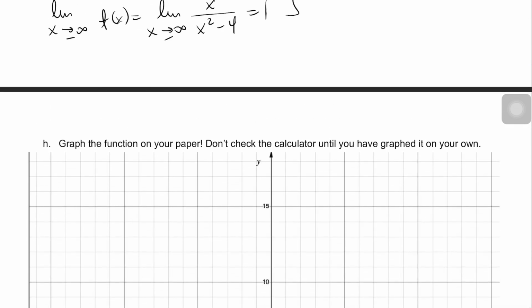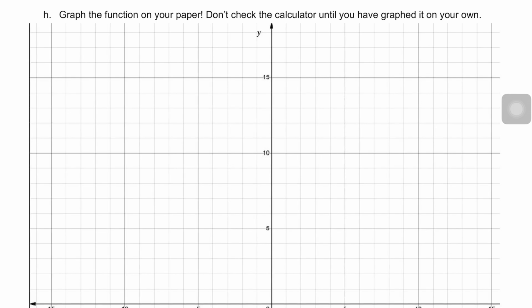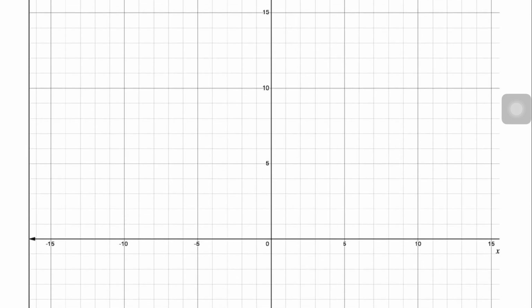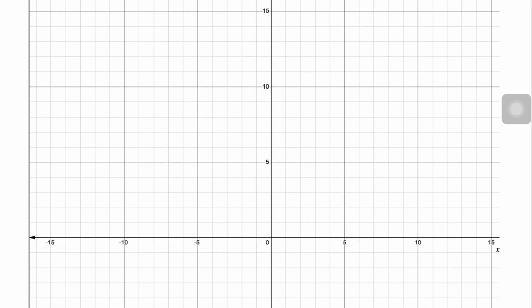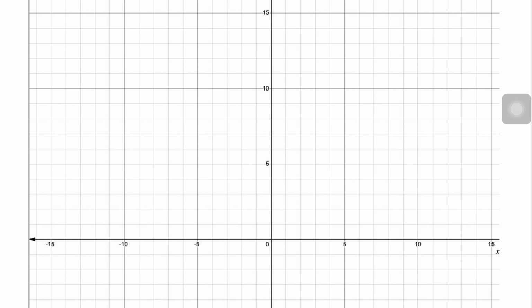And then lastly, what we're going to do is plug in the information that we got. So in the first one, we got a vertical asymptote at negative 2, positive 2.